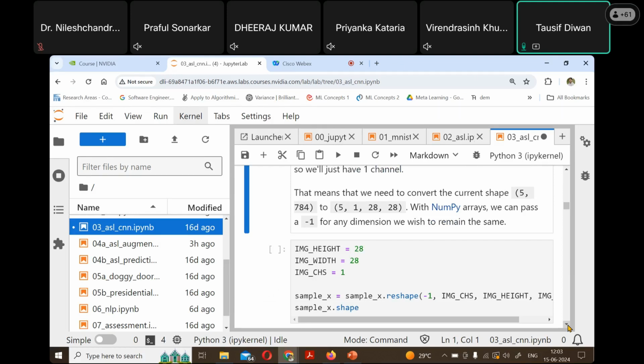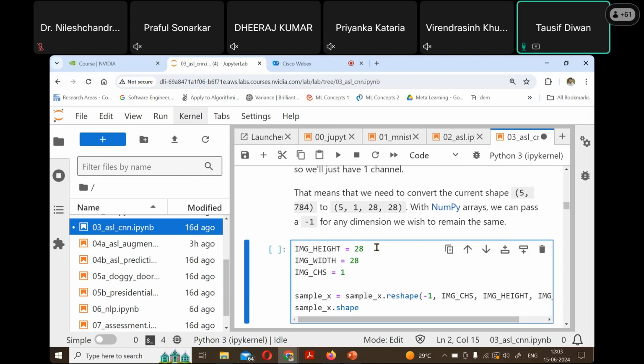So here see, we are performing this reshape operation. So image height is 28, width is also 28, channel is equal to 1. So we are performing this reshape.